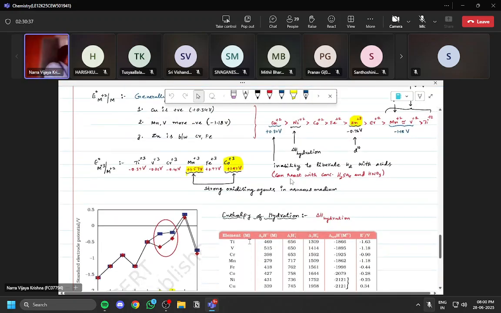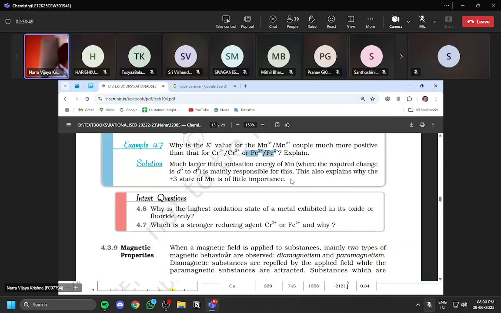Manganese, iron, cobalt: 1.57, 0.77, 1.97. Now read that, what they are saying. They are not comparing cobalt, sir. Actually, the cobalt value is more. They are comparing chromium and iron, right?